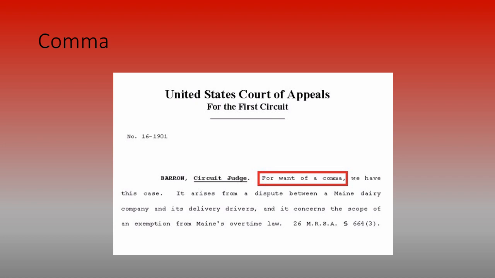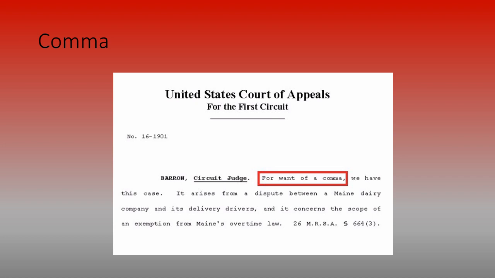Because the language said "storing, packing for shipment or distribution of." And so the question was if packing for shipment was its own activity or was it packing for the distribution of things on the list. If a comma had separated that, it would have been clearer. But the drivers arguing for overtime actually distribute the food, but they don't pack it. So that argument helped to win that case.